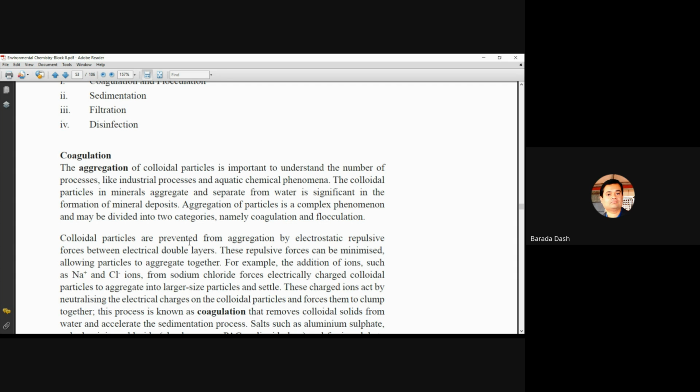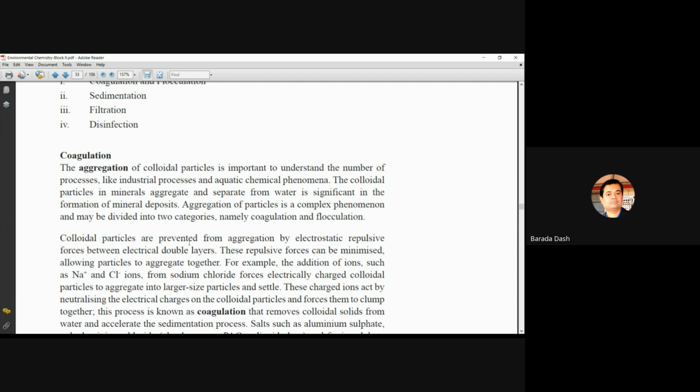When colloidal particles combine together, their size becomes bigger. When the size becomes bigger, they can easily settle down, like water pollutants.